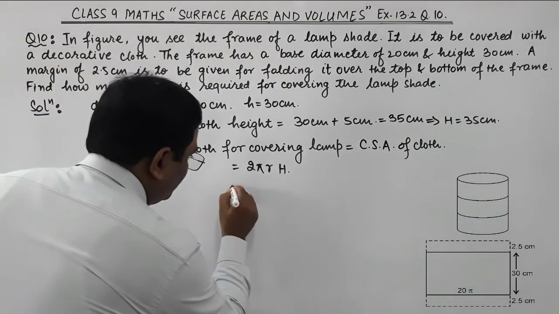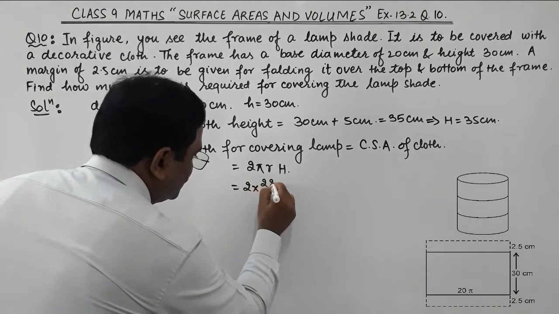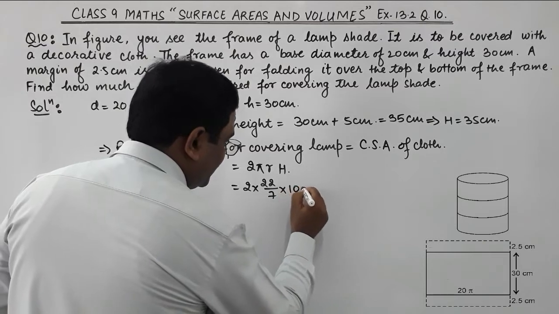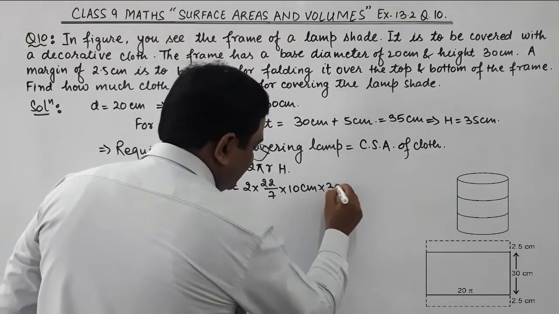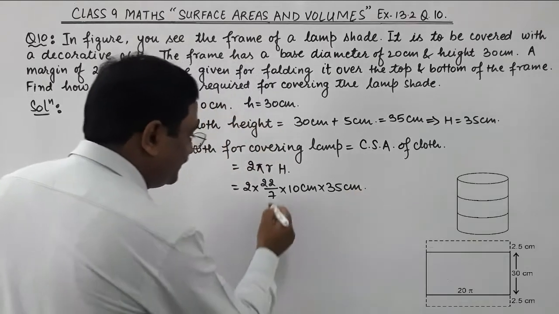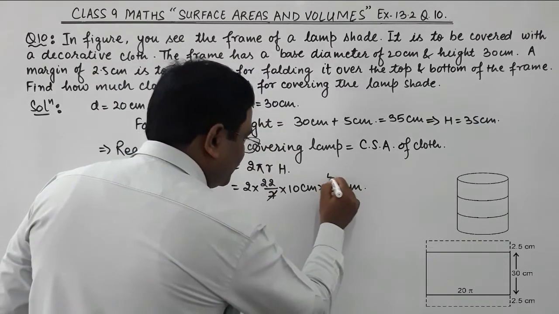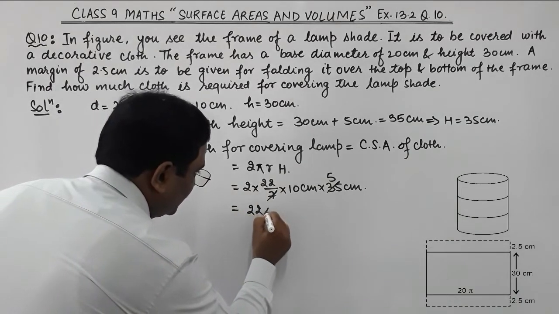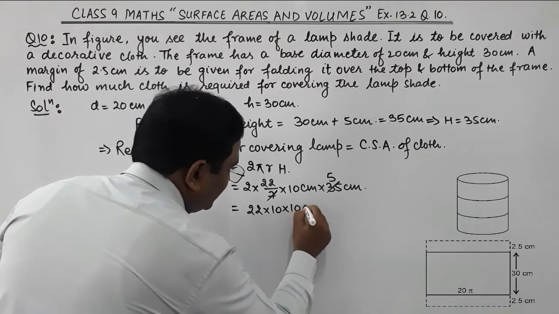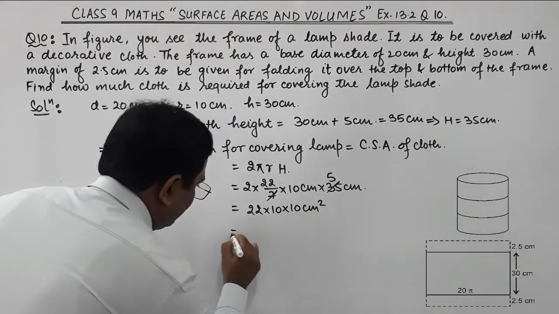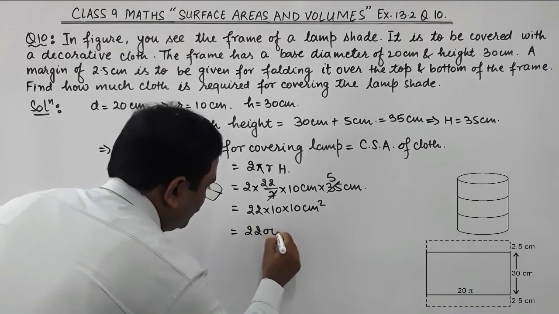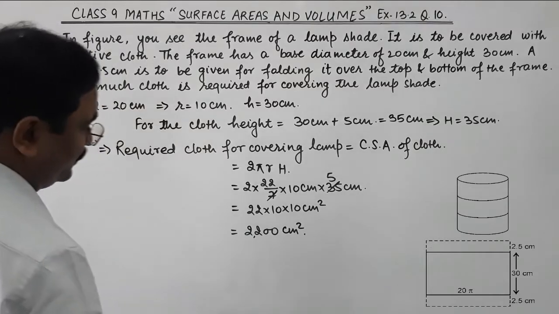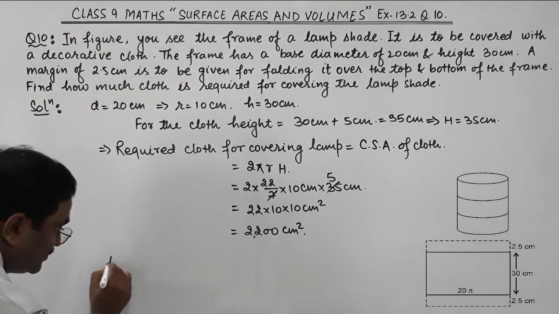Okay, now substitute the values. 2 pi is 22 upon 7, radius is given 10 centimeter and height is 35 centimeter. Simplify: 7 5s are 35, 5 2s are 10, means 22 multiplied by 10 multiplied by 10 centimeter square. So therefore you got 2200 centimeter square is the cloth required for covering the lampshade.